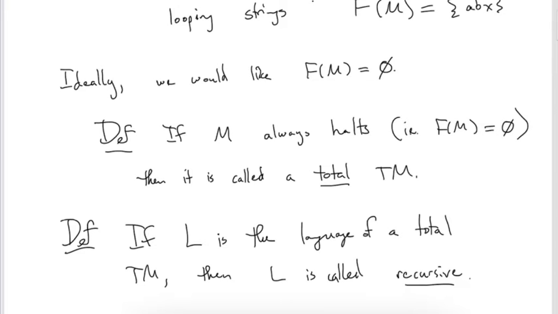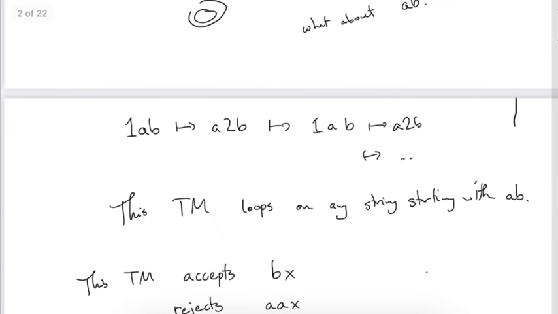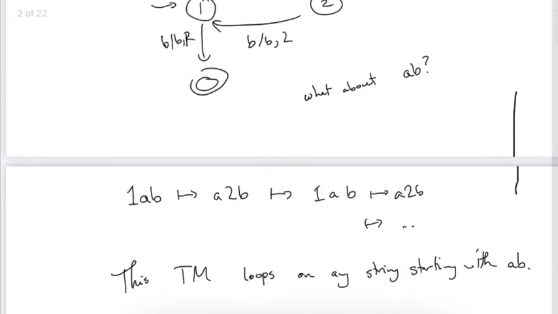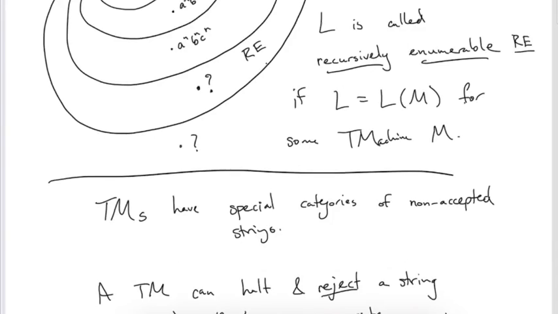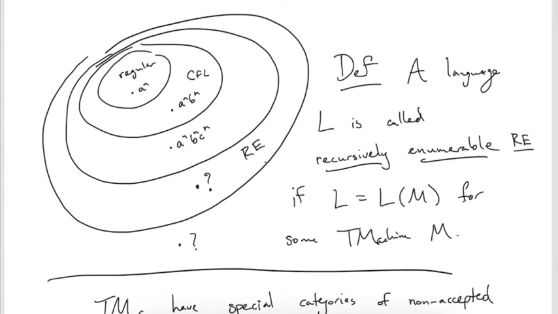So I'm going to scroll back up to that picture that I drew at the very beginning and fill in what I had left out, which is this category right here, the category of recursive Turing languages. This a^n b^n c^n, those languages are called recursive.